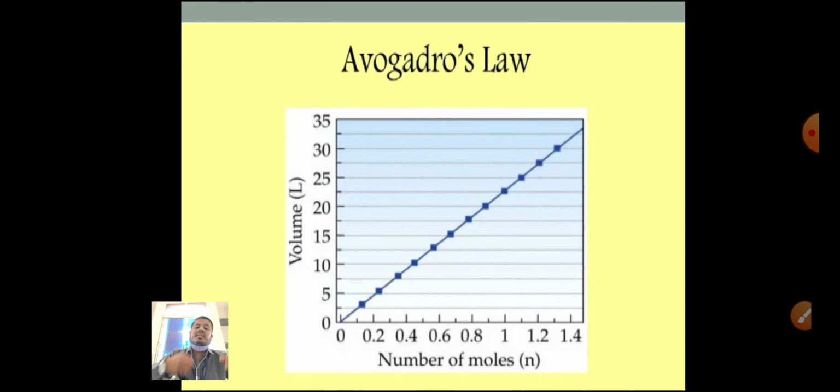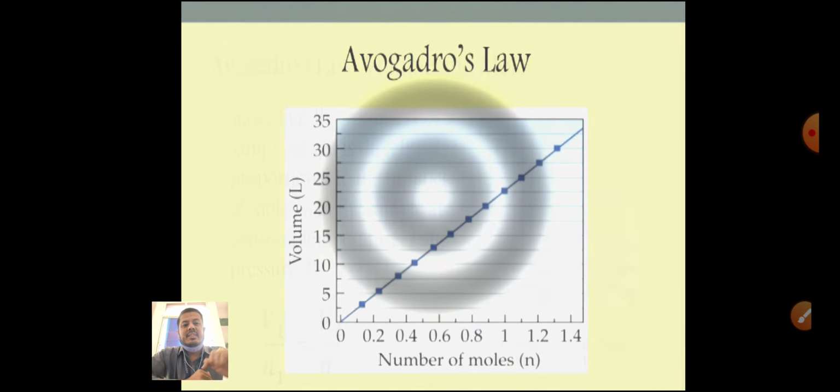Moving further, now this is Avogadro's law. Avogadro's law suggests the relationship between the volume and number of moles. By observing this graph, we can easily say that whenever volume increases, number of moles increases, or whenever number of moles is increasing, volume is also increasing.